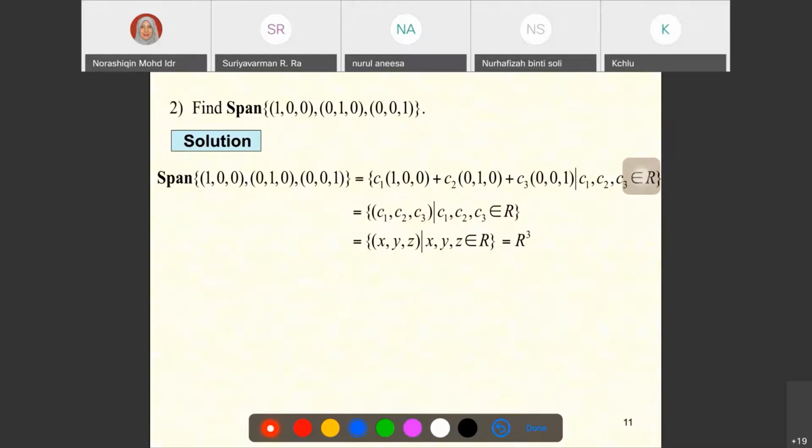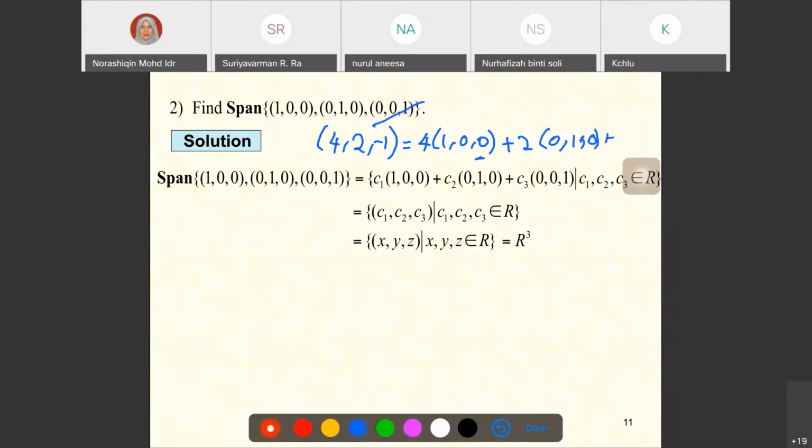For example, take any: (4, 2, negative 1). It can be written as 4 times (1, 0, 0) plus 2 times (0, 1, 0) plus negative 1 times (0, 0, 1). Doctor, where do we get the (4, 2, negative 1)?